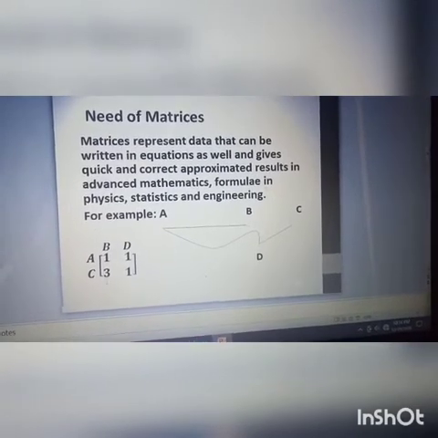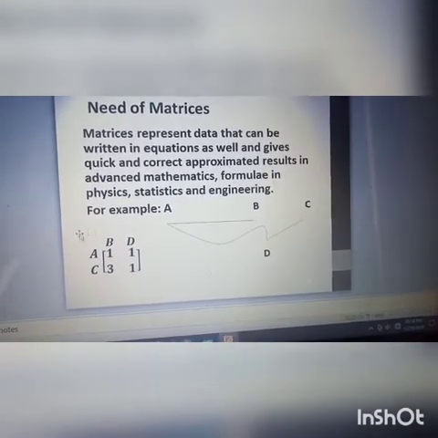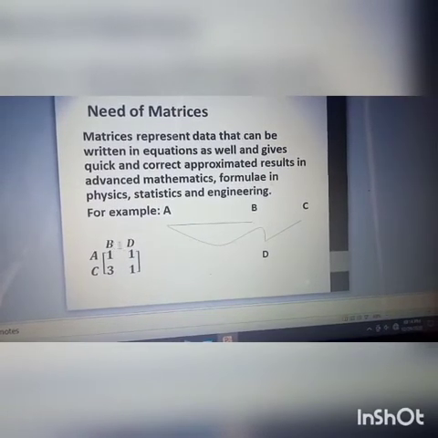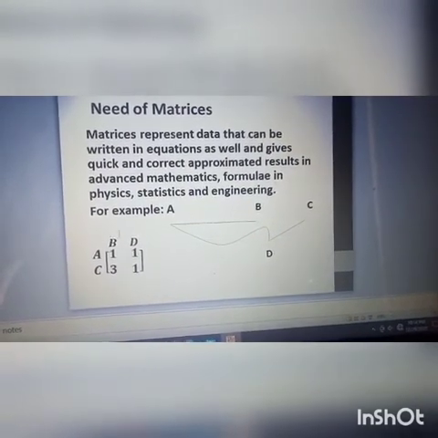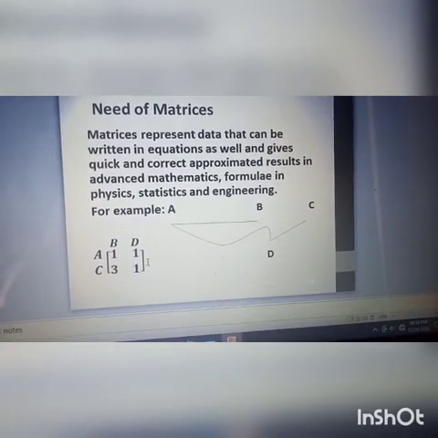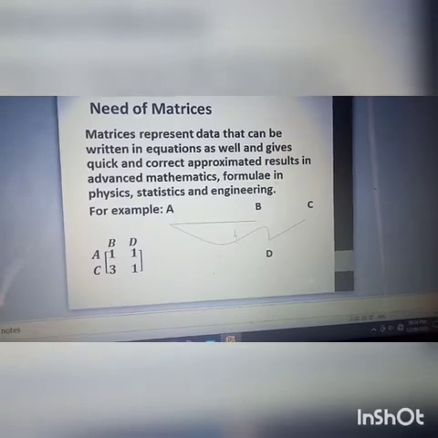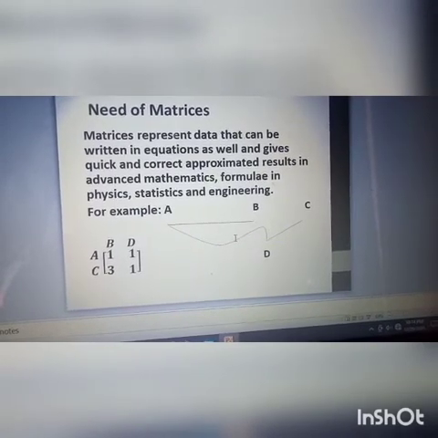So how to relate it with the matrix? This matrix is being written here. If you see the A position, C position, B and D, these are being shown to relate it with this drawing. And let's consider how this is showing the data collected from this drawing.